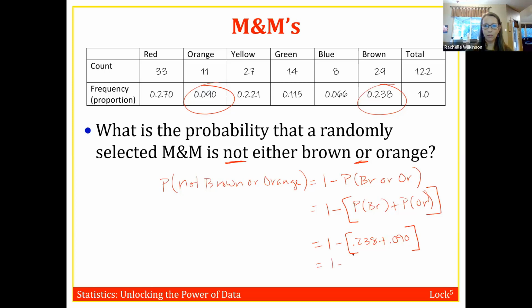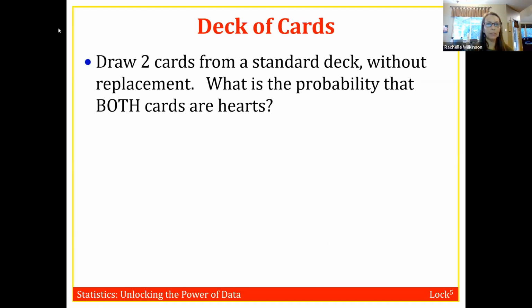So if I add those two together first, 0.238 plus 0.090, I get 0.328. Now I'm going to subtract that from 1. And I'll finally get my answer as 0.672. So the probability that I take a randomly selected candy out of my bowl, the probability that's not brown or orange is 0.672. Let's look at a card example now.